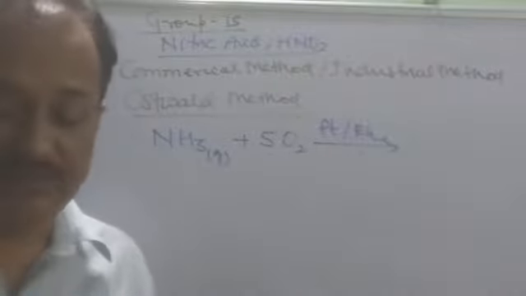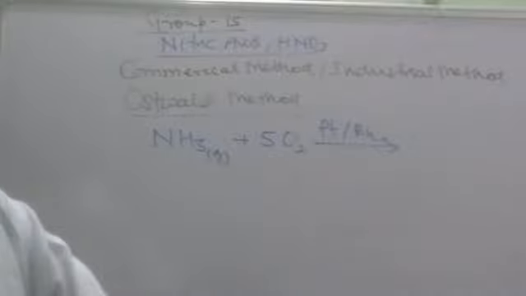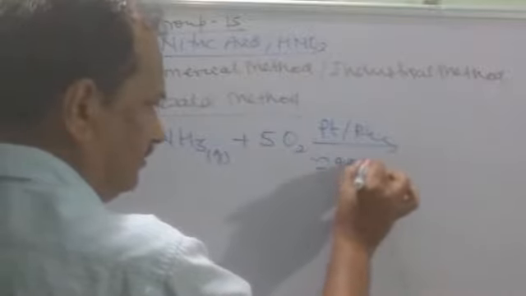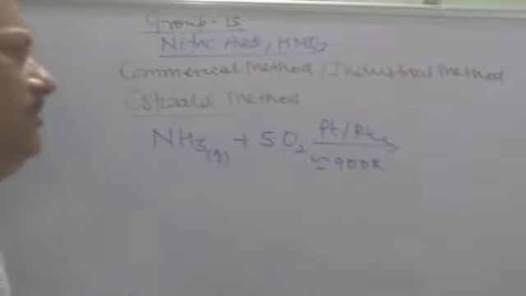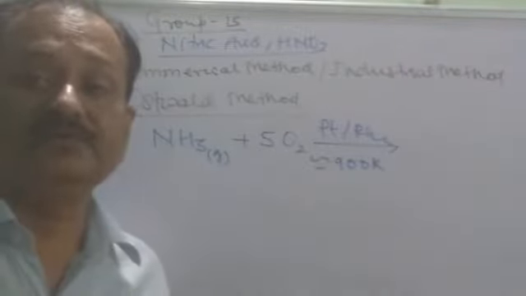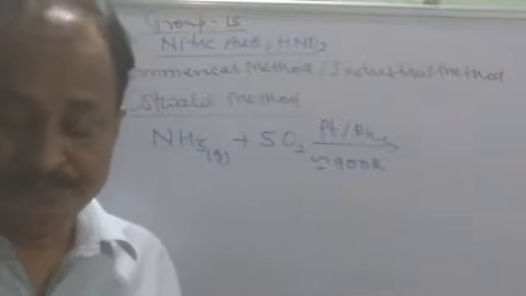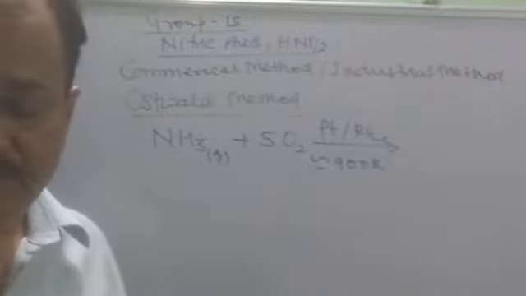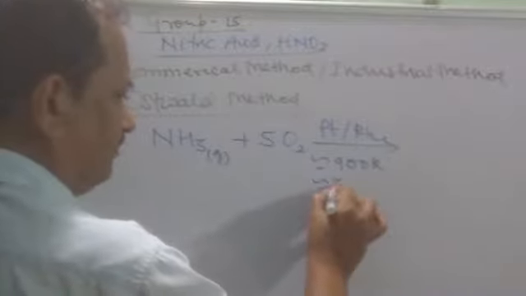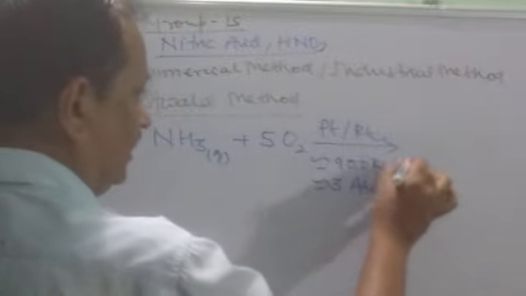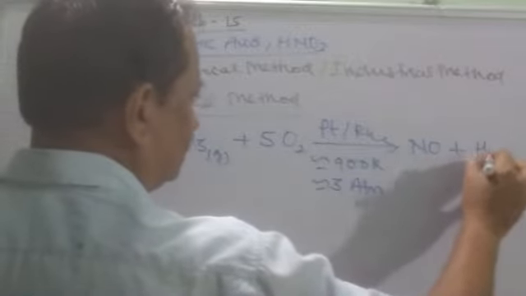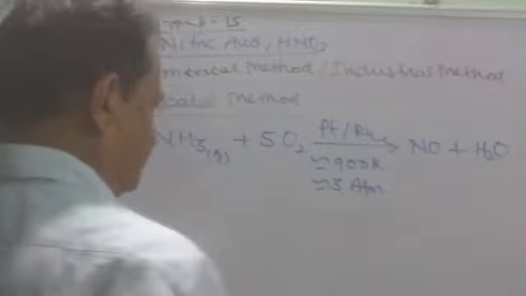Very high temperature is required, around 900 Kelvin, it can be 1000 as well, with a pressure of some atmospheres, and so there is formation of NO.